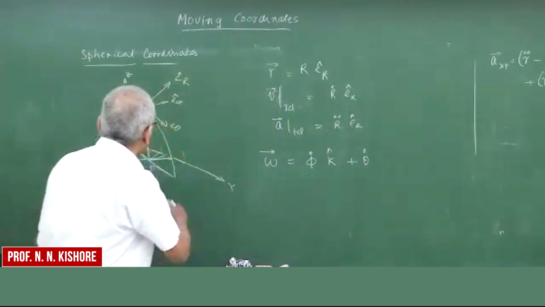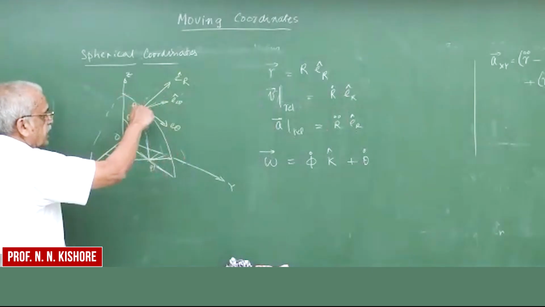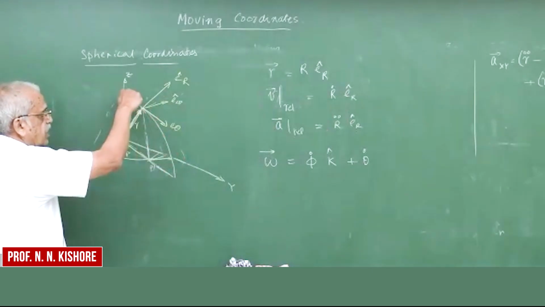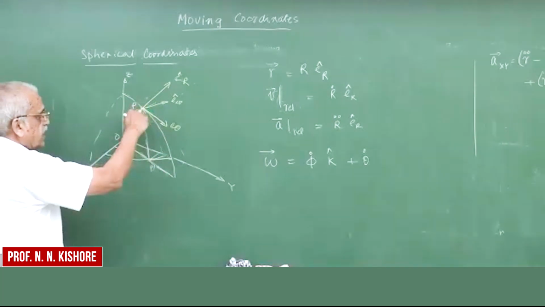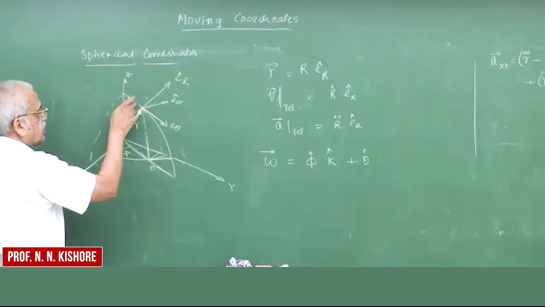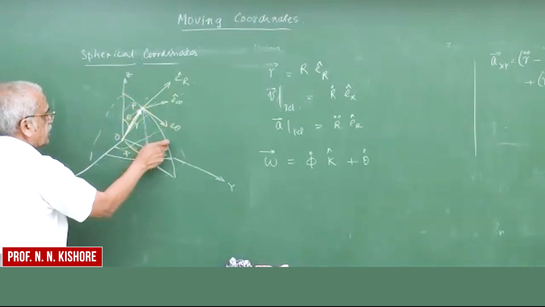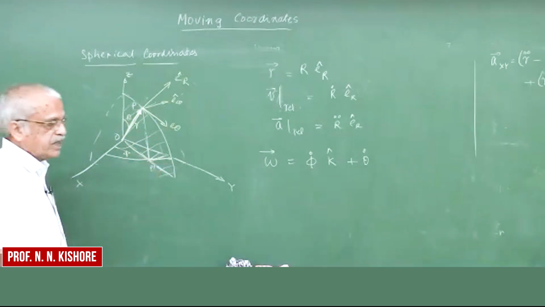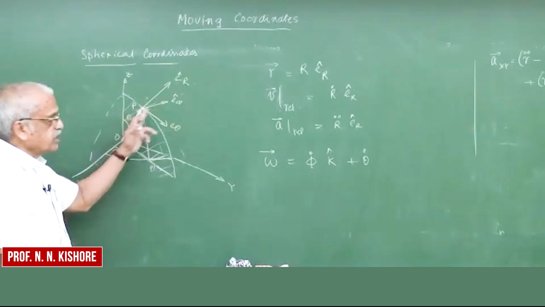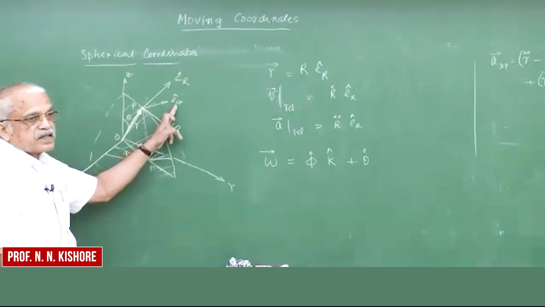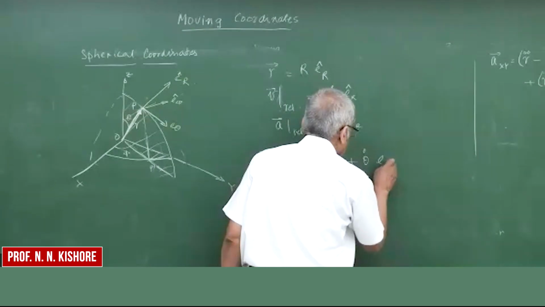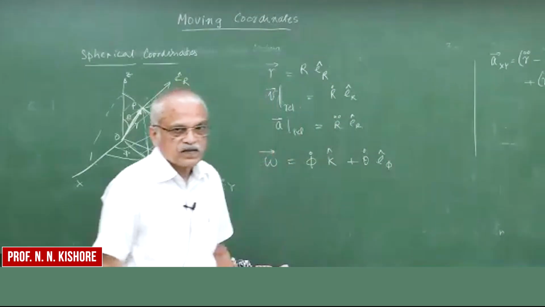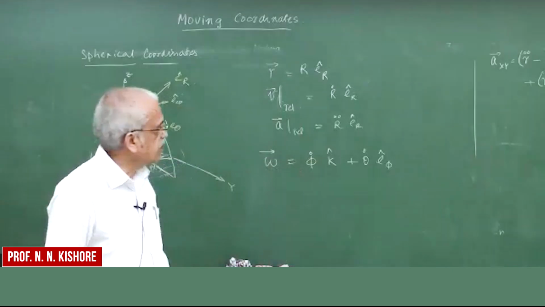That means this point P is moving along this arc, right? So what is the direction of this theta dot? It should be perpendicular to this plane. This is the plane, and the vector perpendicular to this plane is nothing but your E phi. Okay, so this is in that direction, right? So that's it. Everything is given.